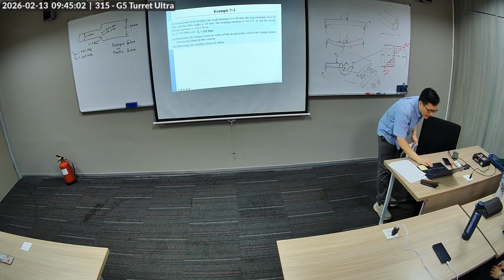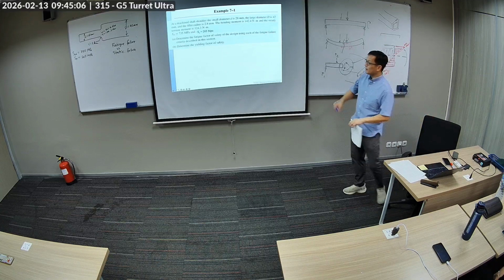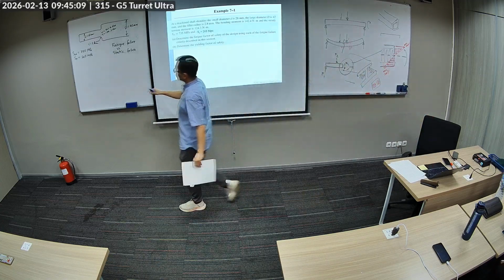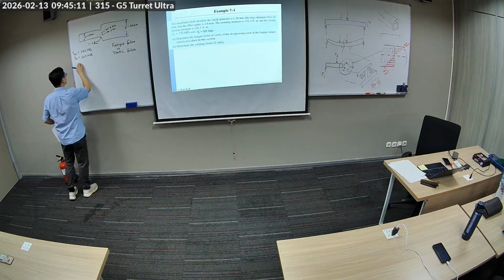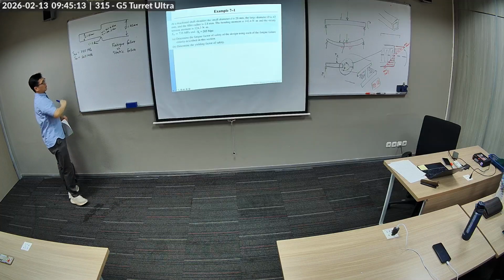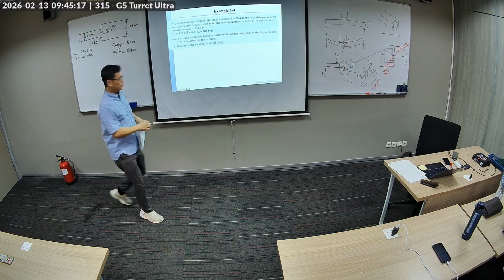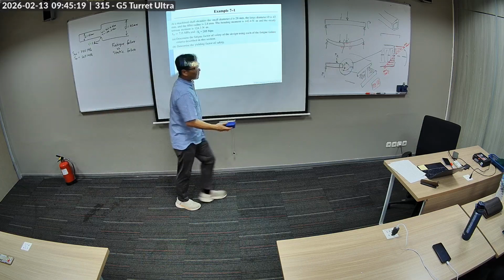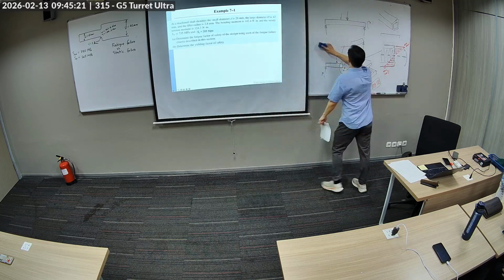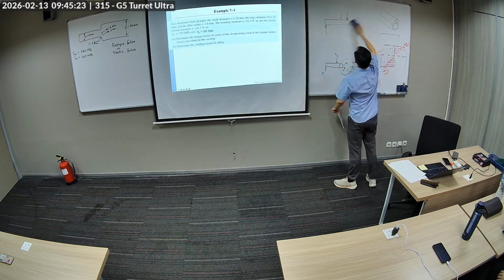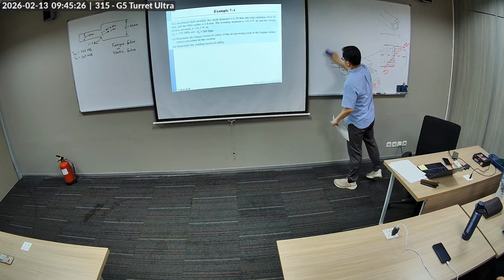Before that, I will have to explain to you the concept of endurance limit. So, let's talk about SE for a moment here. You know what the ultimate strength is? What is the difference between ultimate strength and yield strength?